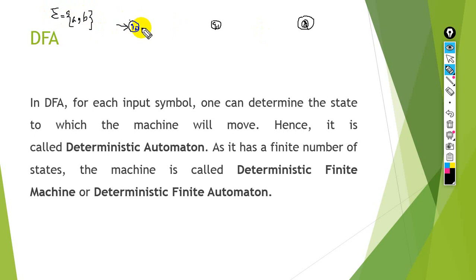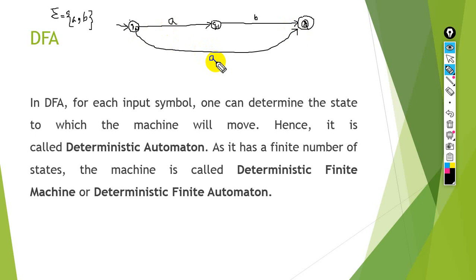We have a transition from Q0 to Q1 for A, and a transition from Q1 to Q2, for example B. One more thing, I'm also taking a transition from Q0 to Q2, and that transition is A.